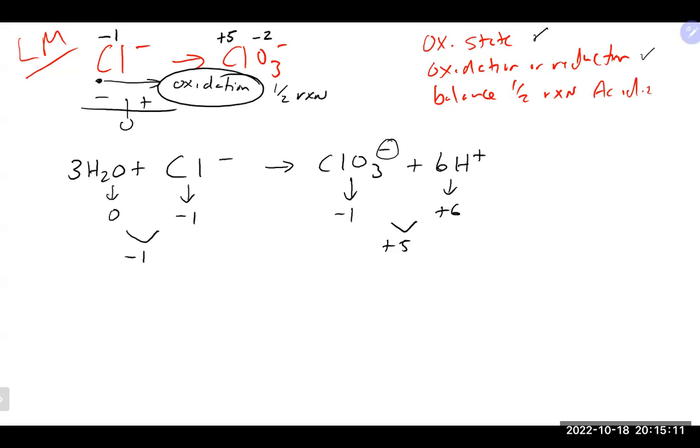Which side should get the electrons here? The right-hand side. How many electrons? It is 6 electrons. Because if I take 6 electrons, that now is a -1 on the right and a -1 on the left. It is not 5 electrons like I always want to put, but it is 6 electrons to take you back to -1.